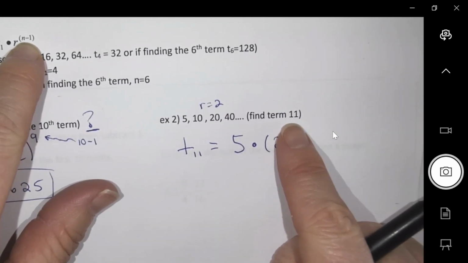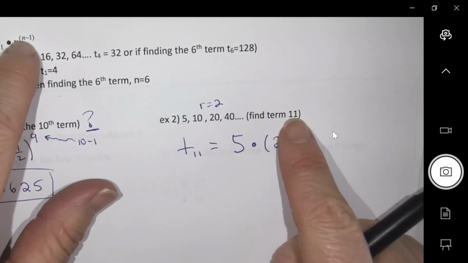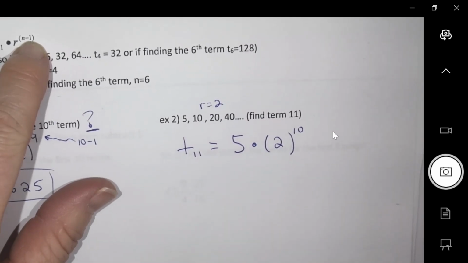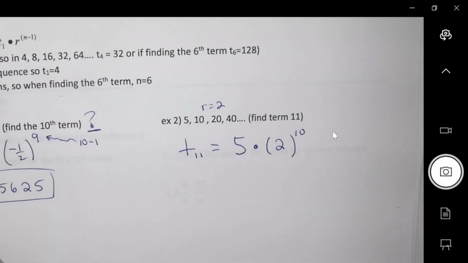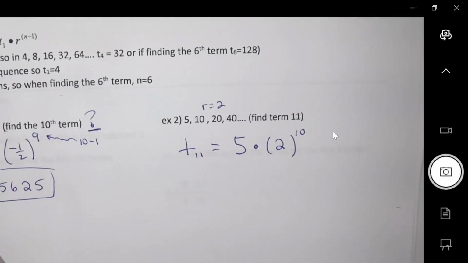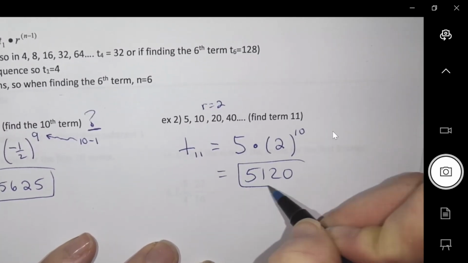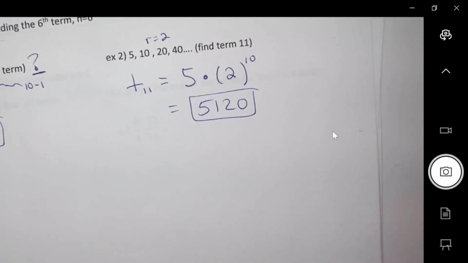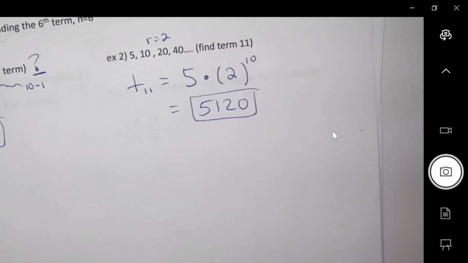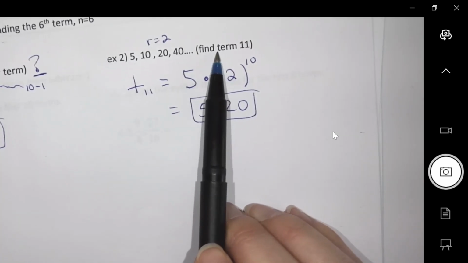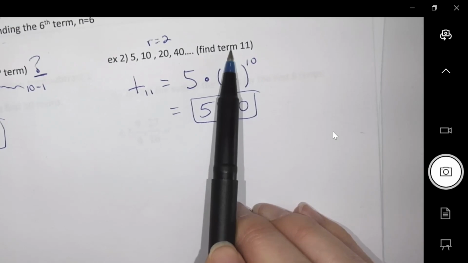So n is how many terms we are going up to? 11 minus 1, so 10. Does that make sense? Because if I kept going, I would get an 80, and then a 160, and then a 320, and then a 640, right?